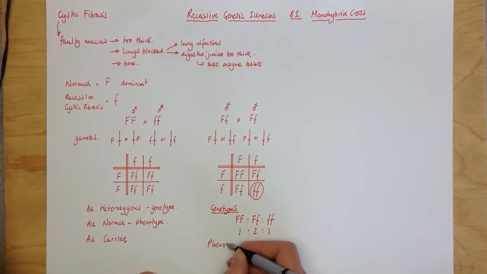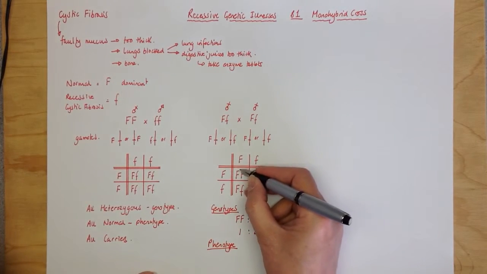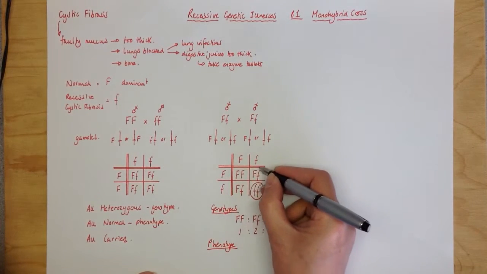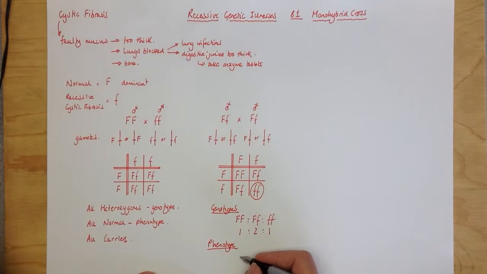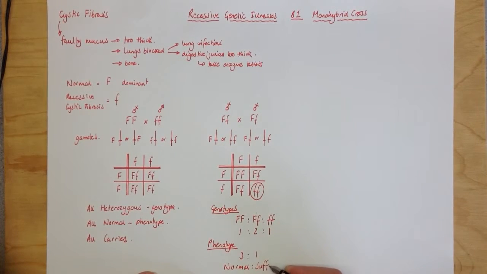The phenotype ratio, 3 of your children would be normal and 1 of them would be a sufferer. So it's 3 to 1 normal to sufferer.